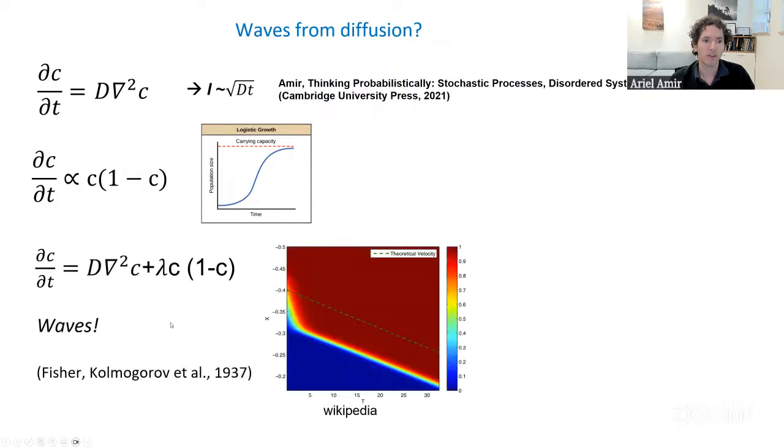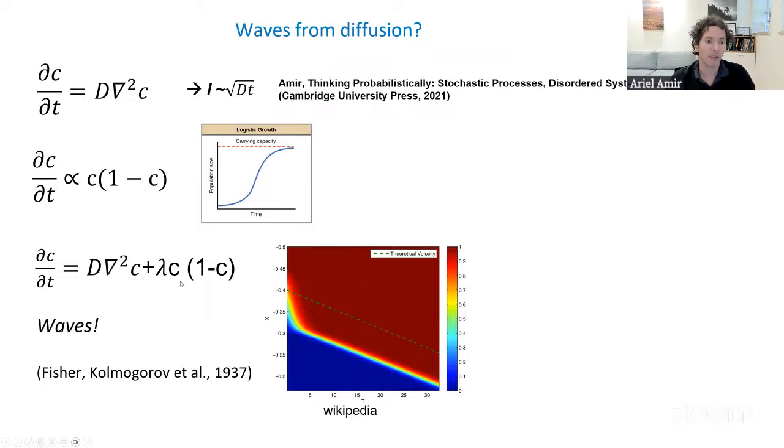And Fisher and Kolmogorov, nearly 100 years ago, as far as I know independently, looked at this equation, which is the diffusion equation supplemented by this nonlinearity. So you can think, for example, about bacteria moving randomly on a surface, but also growing with some finite carrying capacity.